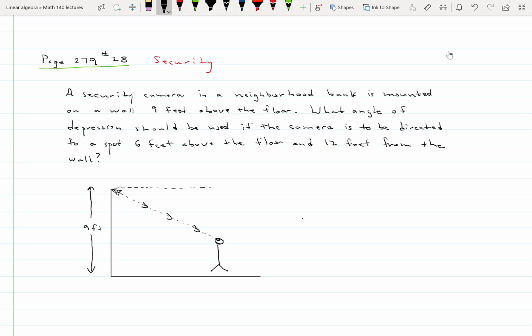Well, because it might hit the top of the head of a 6 foot tall person. 6 feet above the floor, and 12 feet away from the wall.